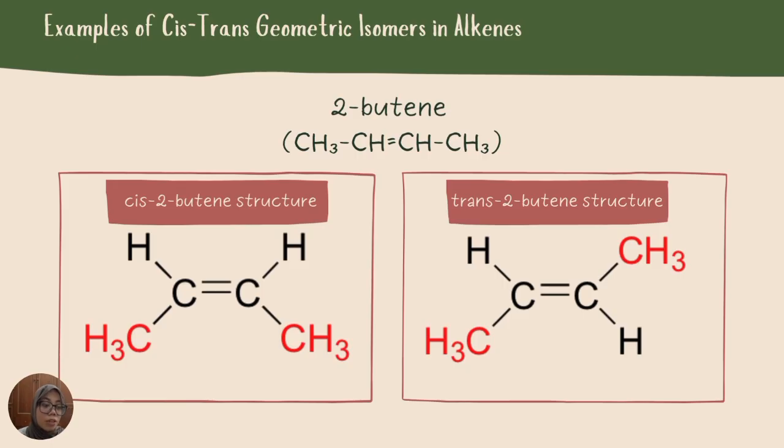Imagine two people sitting next to each other on a bench. That's the cis form. And in trans-2-butene, the methyl groups are on opposite sides of the double bond. It's like two people sitting on opposite ends of a seesaw. That's the trans form. Even though the chemical formula is the same, the spatial arrangement is different, which can lead to different physical properties such as boiling point and reactivity.